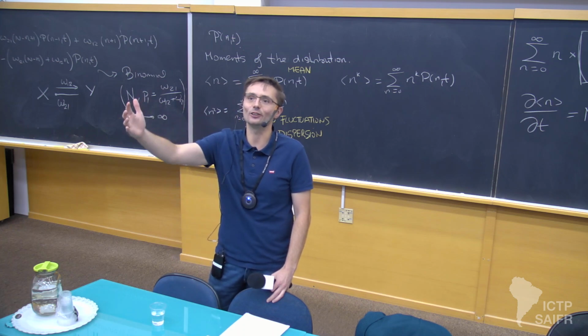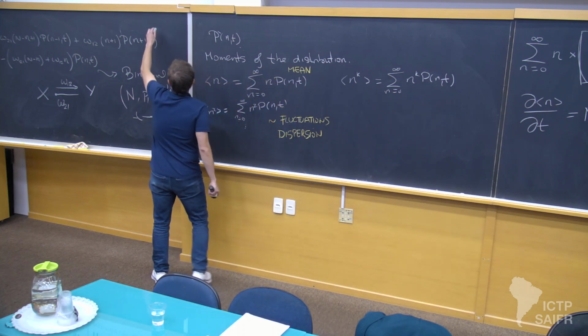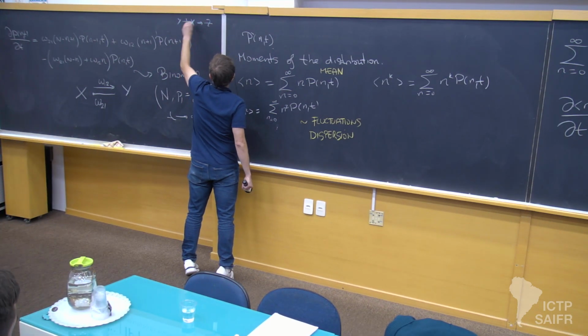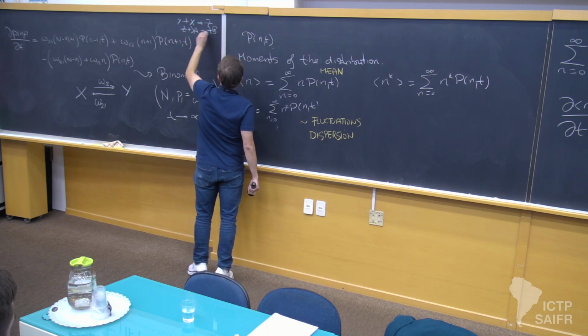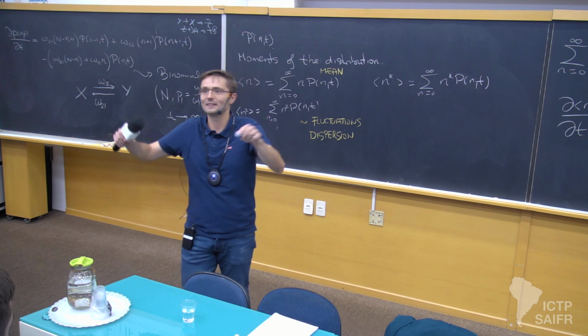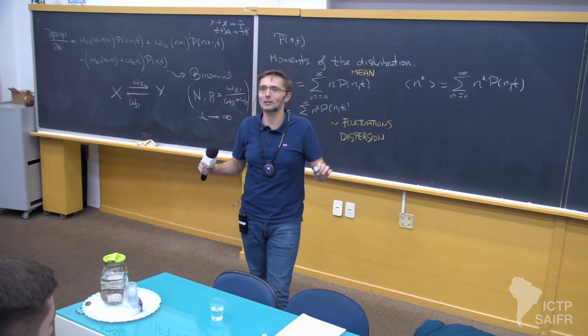You don't go blind, no? It is not that I give you now, okay, I have this problem: I have 4 species, X plus Y gives Z plus 3A gives 7B. Give me the distribution of B. Usually you don't start writing the master equation, at least I don't advise doing that.